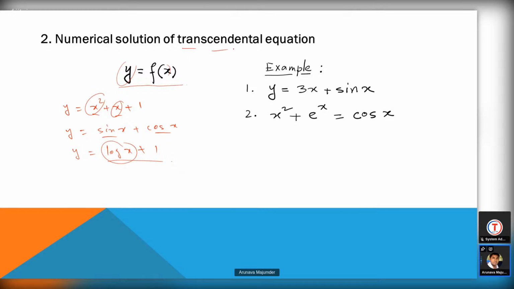But what is a transcendental equation in the engineering field? A transcendental equation is actually a mixture of different kinds of equations. In this equation, the first term is 3x, which is algebraic. The second term sin x is trigonometric.